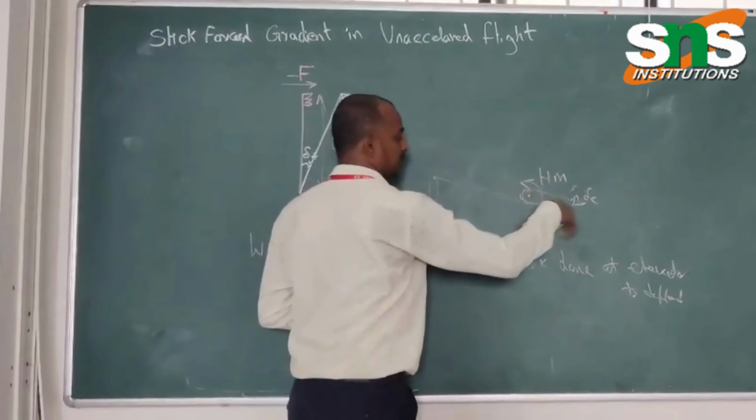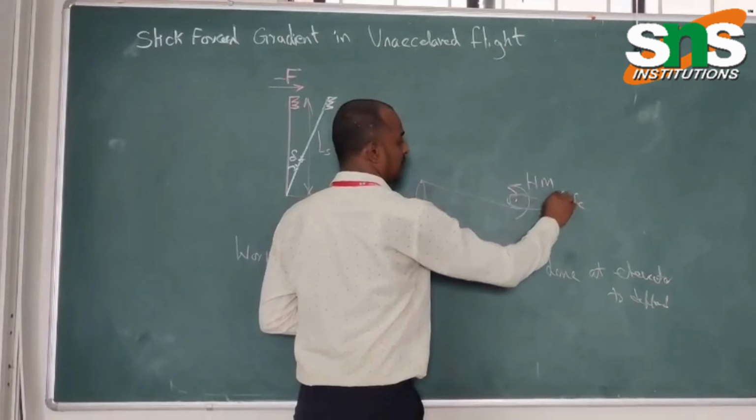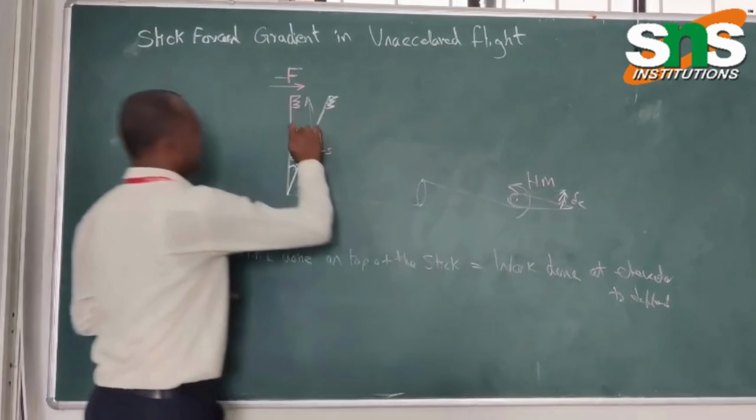The stick will get deflected, so we will get a deflection of stick, which is equal to the work done at the elevator to deflect. Here the hinge moment will get produced, so we will have the deflection of the elevator, and here we have the deflection of the stick.